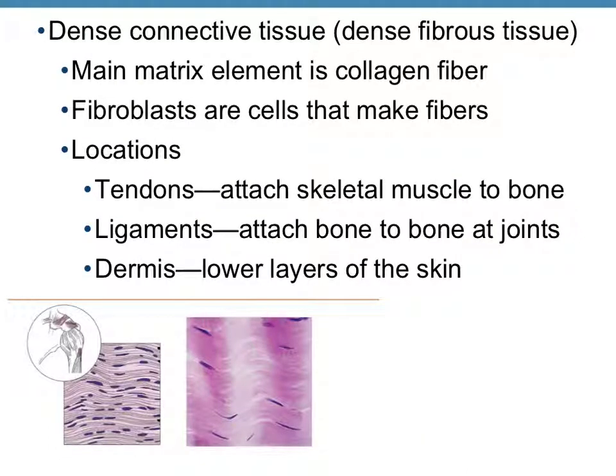Dense connective tissue, again, as the name implies, is very tightly packed fibers and connective tissue. Among the locations where you would find it, these first two, tendons and ligaments, have this very dense connective tissue that makes up those structures, and that's why tendons and ligaments are very, very strong.